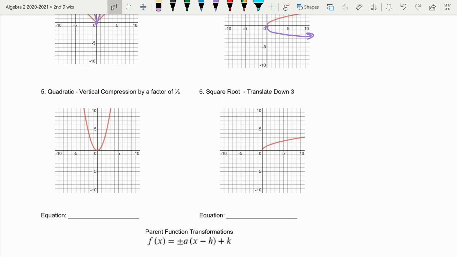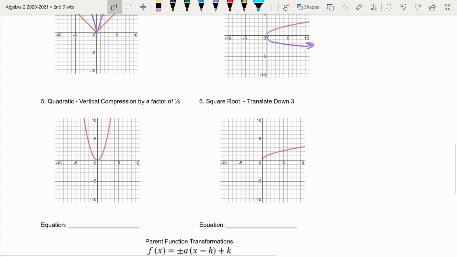All right, on this one, we have the graph and the parent function again, but this time they're going to give us the descriptions, and we're going to write the equation. So vertical compression by a factor of 1/3. If it's getting compressed vertically, it's going to squish it towards the x-axis. So this is basically going to widen out more this way and widen out more this way, like it's been squished.